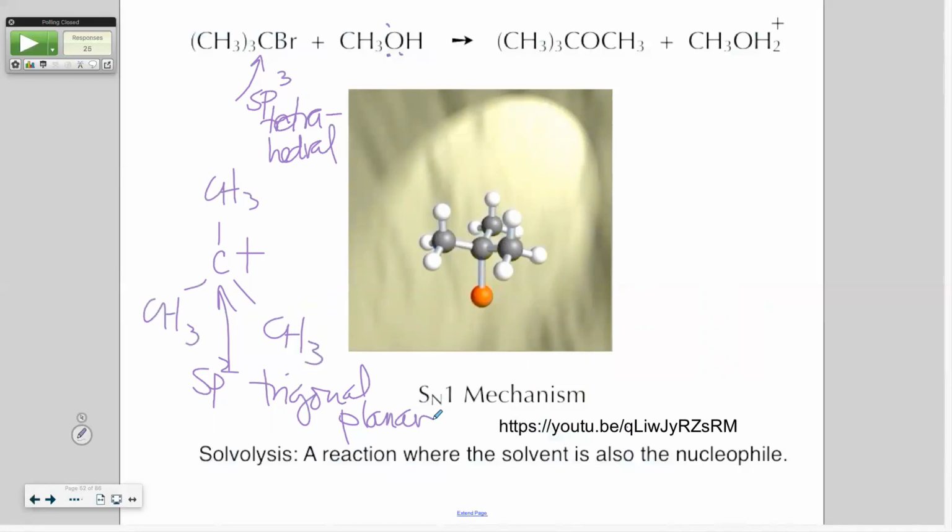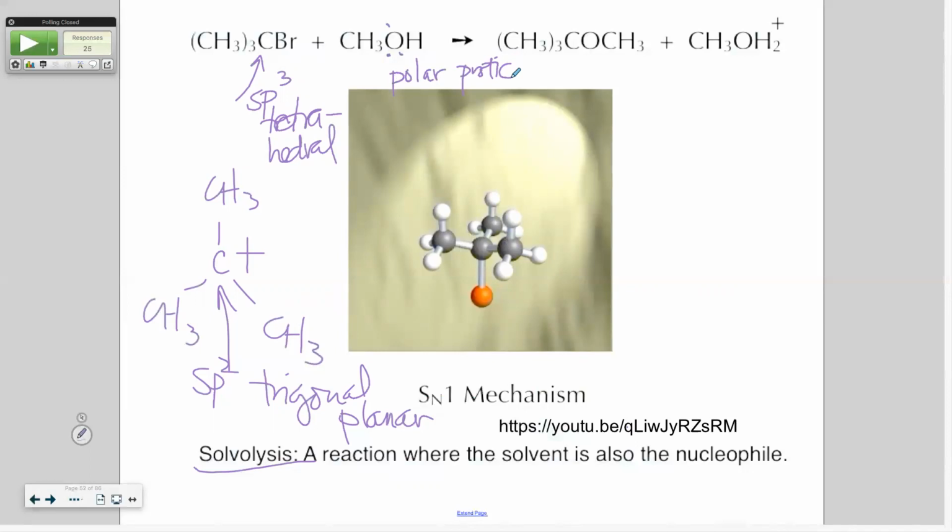When the solvent is also the nucleophile, that is referred to as a solvolysis reaction. Solvolysis is a reaction where the solvent is also the nucleophile. What kind of solvent is methanol? It's polar protic.